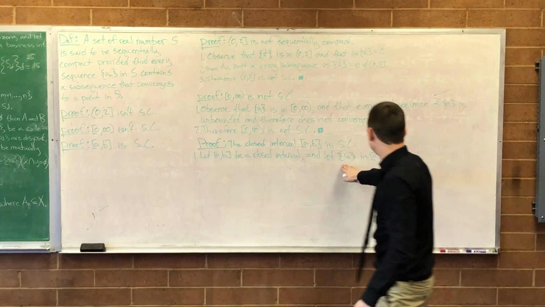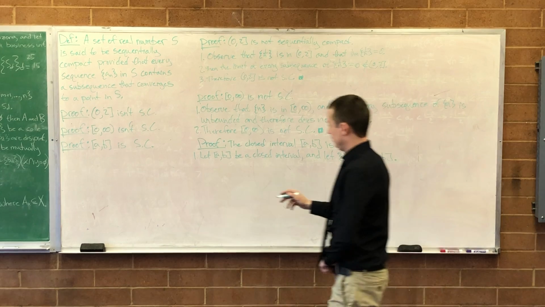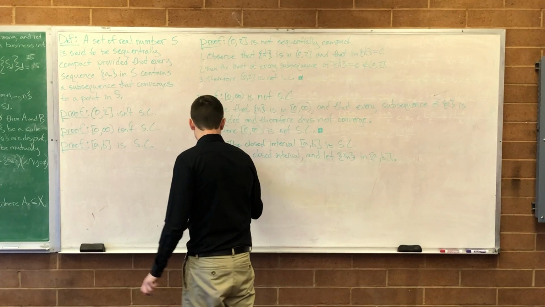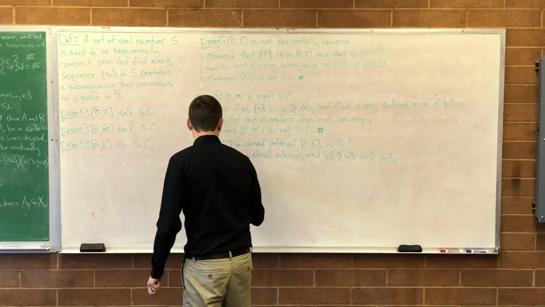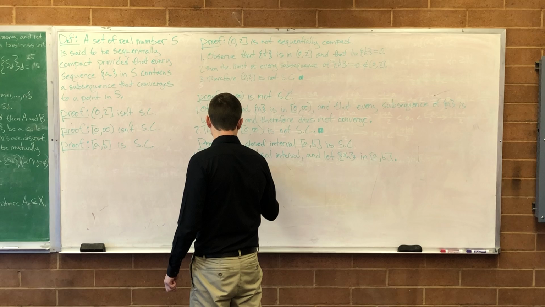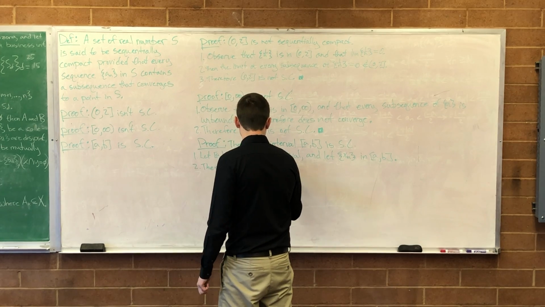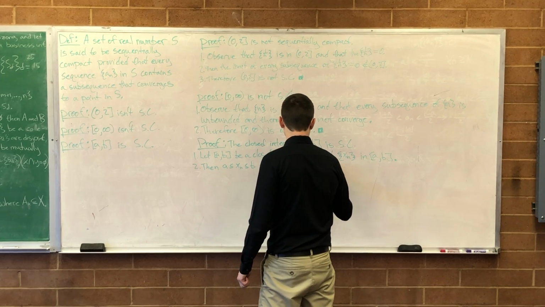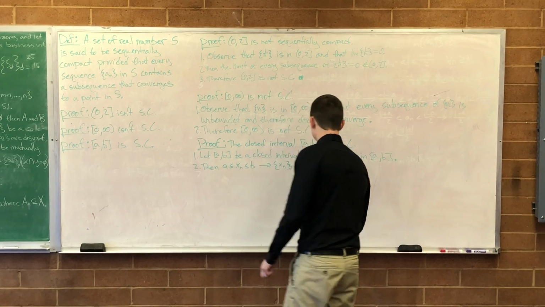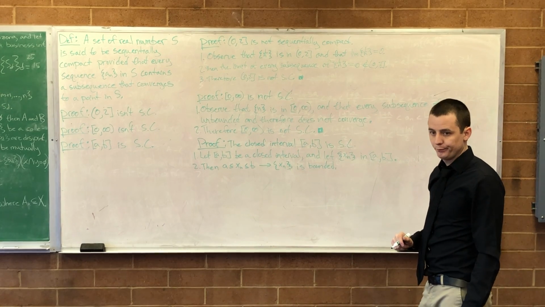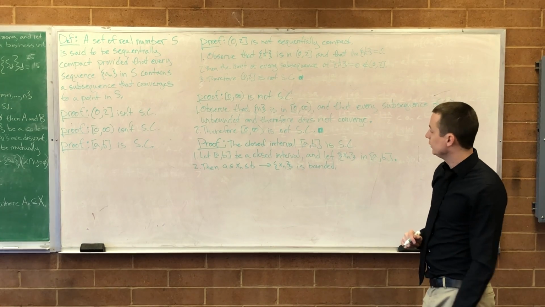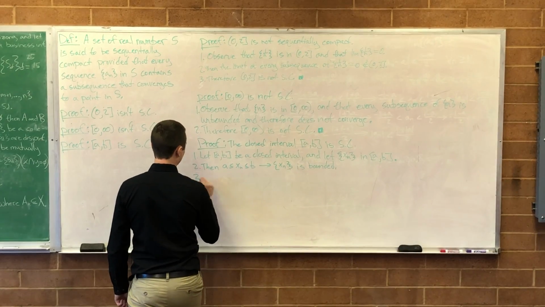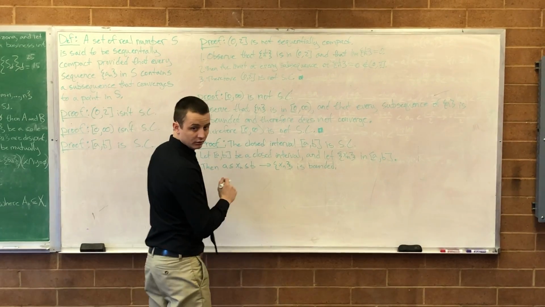Okay, so if x sub n is in AB, what does that give me? Then we know that A is always less than or equal to x sub n is less than or equal to B, which gives us that x sub n is bounded. Right? Now we know that every bounded sequence has a monotone subsequence.